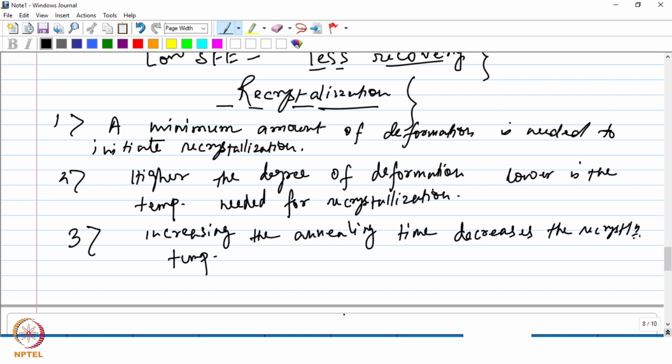You can say that doubling the annealing time is equivalent to increasing the recrystallization temperature by 10 degrees Celsius. So that's the time-temperature relationship for this particular phenomenon.